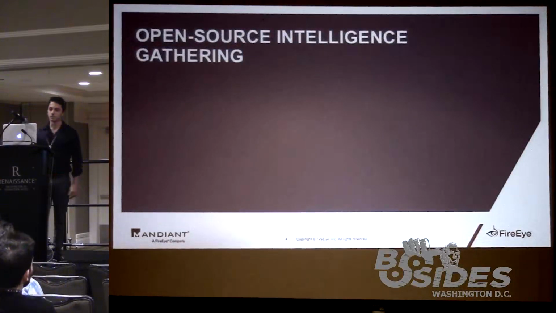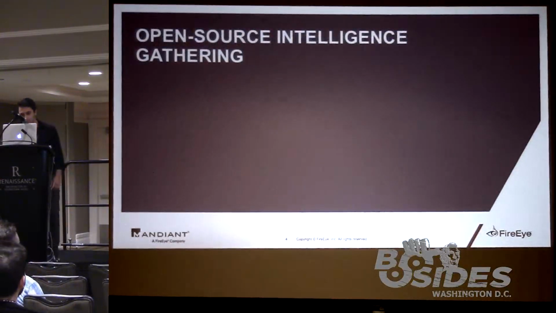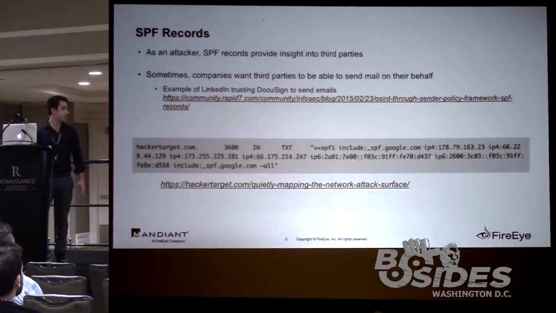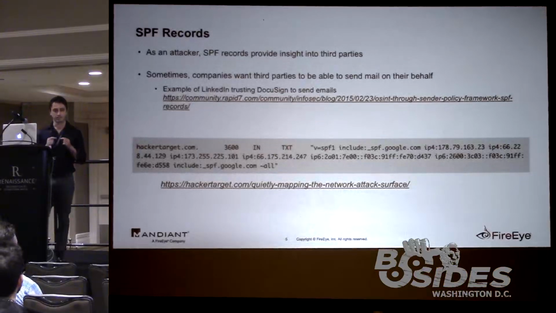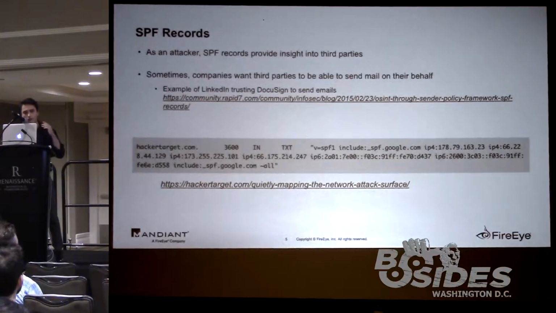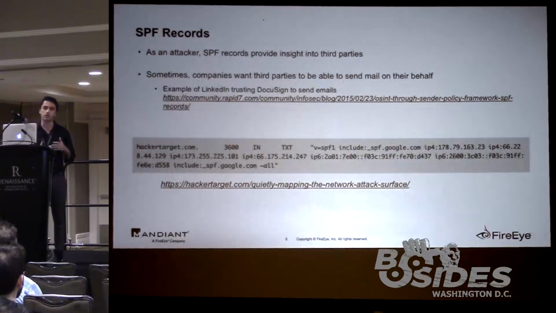So let's start with open source intelligence gathering. SPF records stand for Sender Policy Framework records, and they're actually part of the text record in DNS servers. And as an attacker, these can actually give some insight as to what services the company is using.